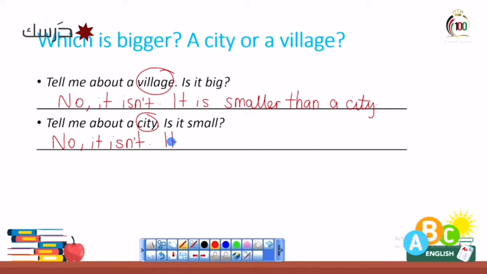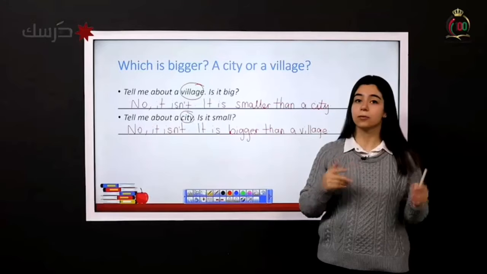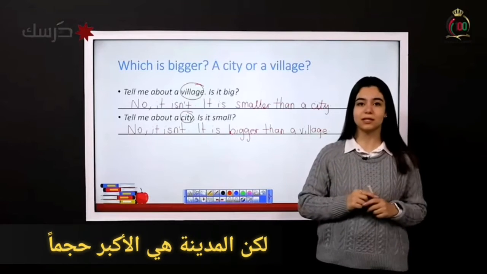It is bigger than a village. So the village is the smallest, but the city is the biggest.